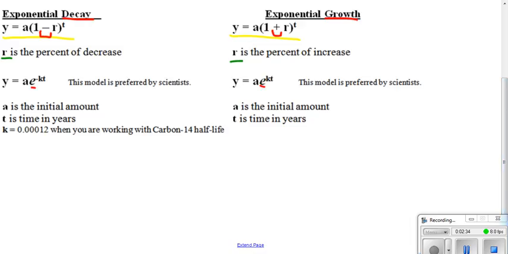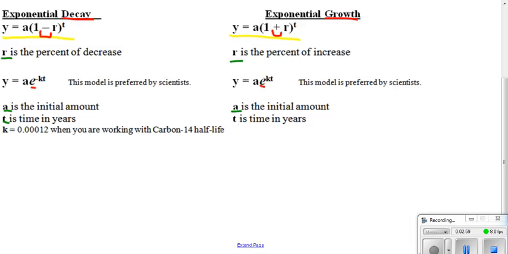If it's exponentially decaying, we have e to a negative value: y equals a times e to the negative k times t. If it's growing, it would be a positive k, so y equals a times e to the positive k times t.